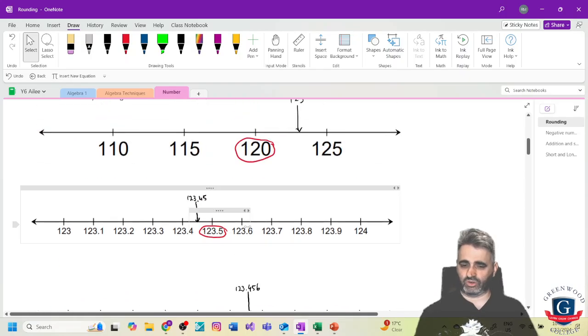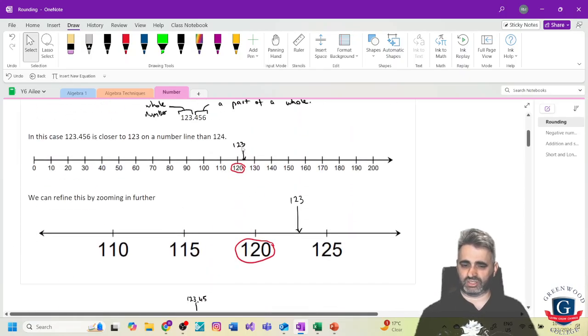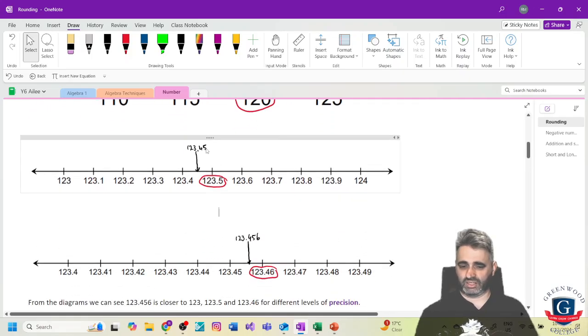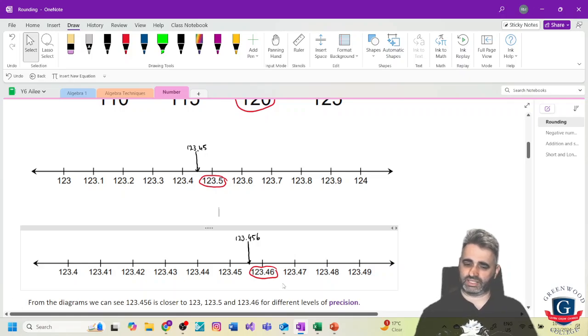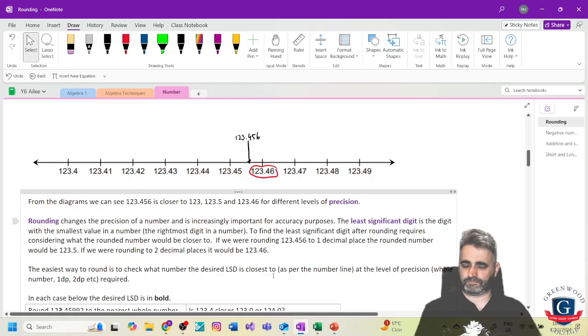And typically in all of these cases, we look to the digit that indicates to us which one is closer. So in this case, it would be this digit here, this digit here, this digit here, and this digit here. It's typically one place after the digit that we're looking at. And we'll give that a name.